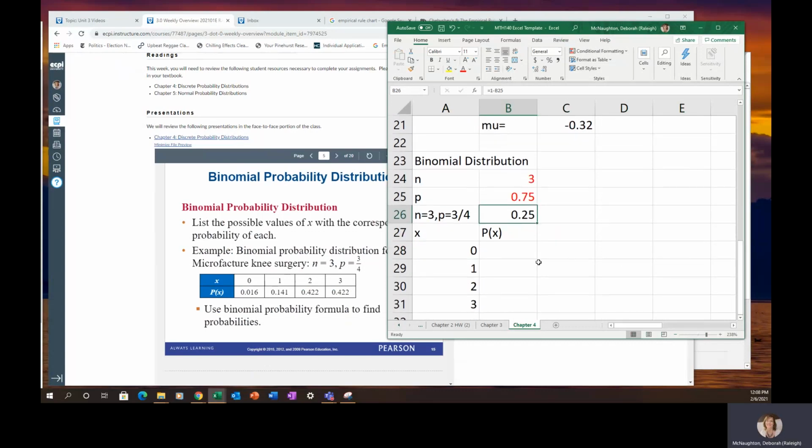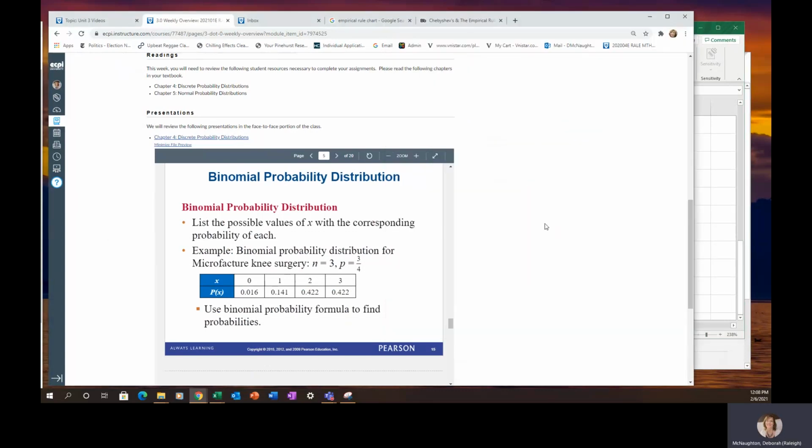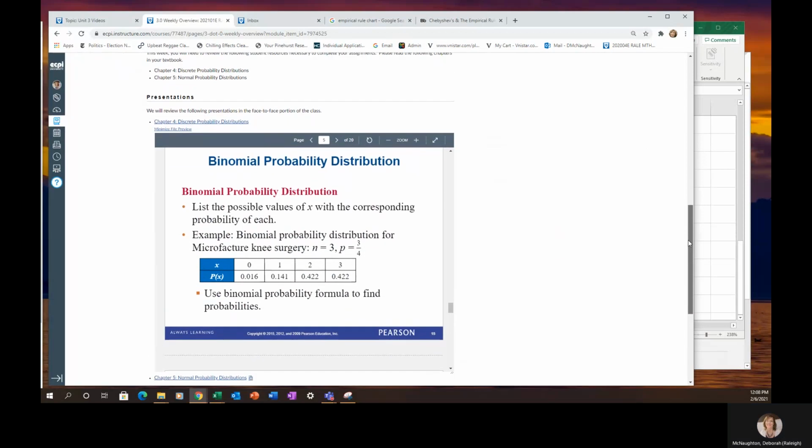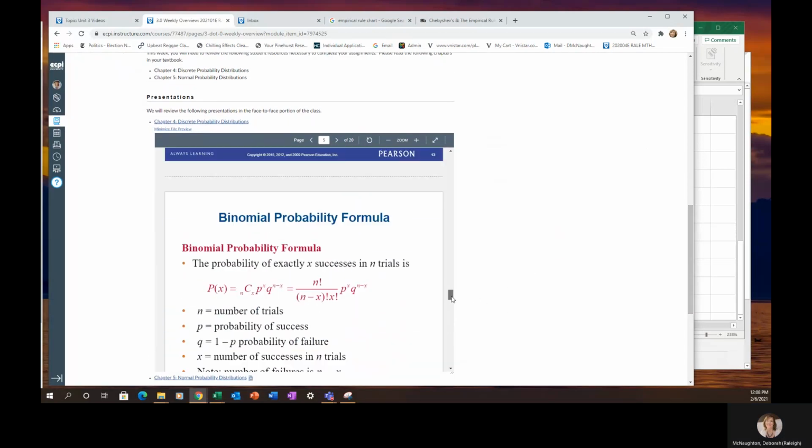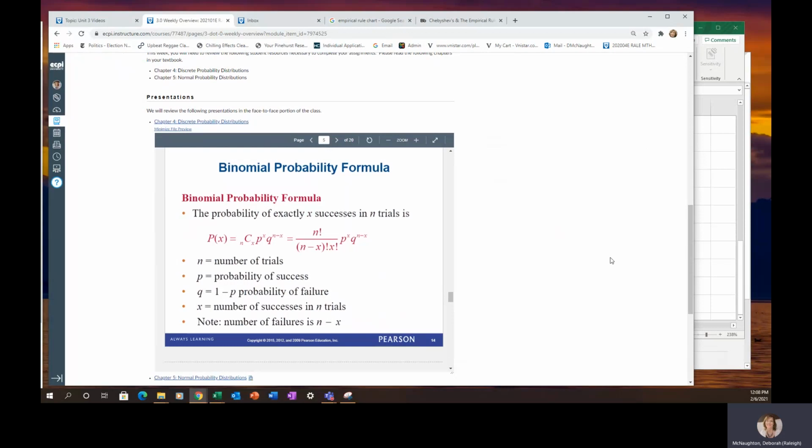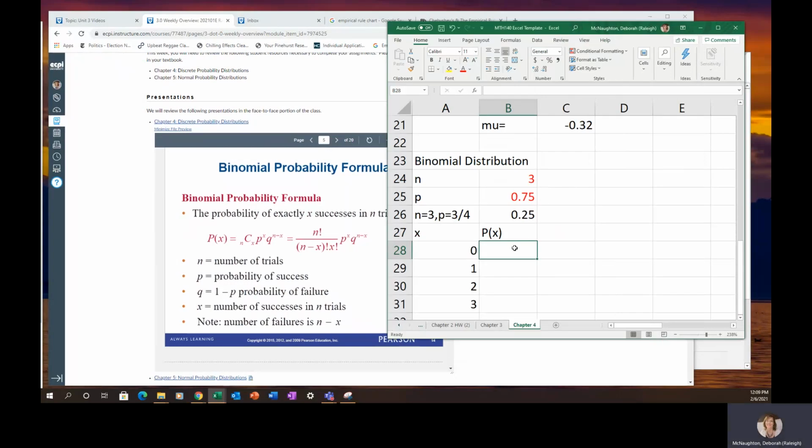And then the formula for the binomial distribution is this. So remember, it's equal combin, right?